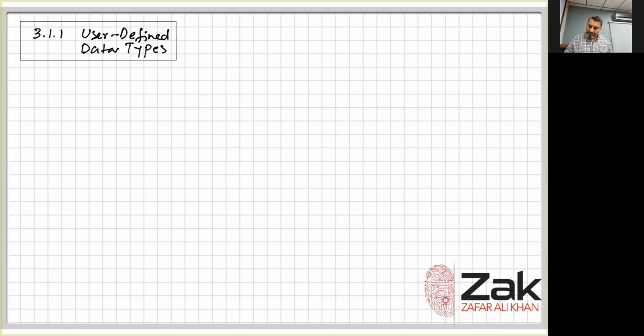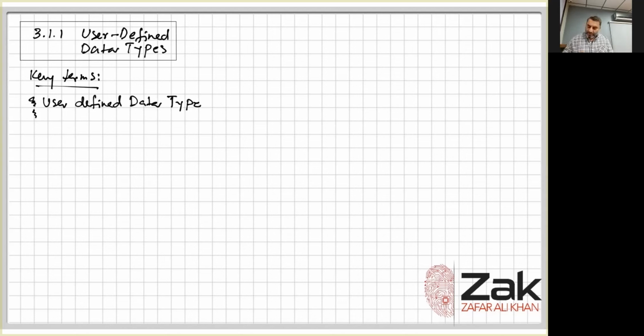So key terms that we have to understand by the end of this chapter are, first of all, user-defined data type. A user-defined data type is a data type based on an existing data type or another data type that has been defined by a programmer. So when original data types don't work, we make use of user-defined data types.